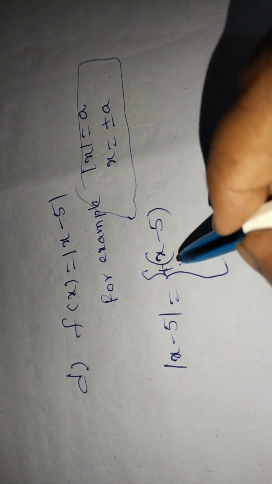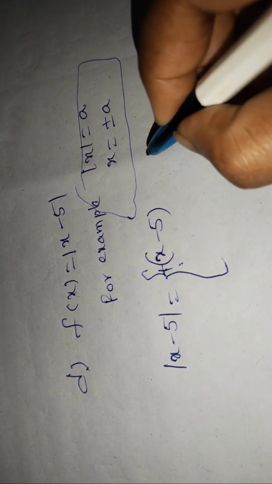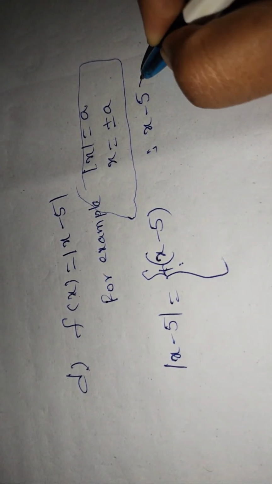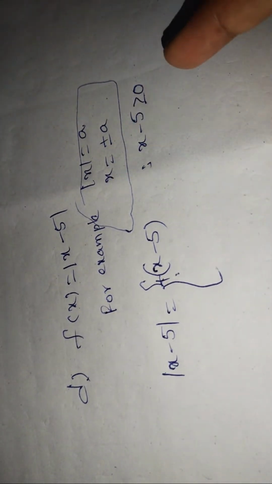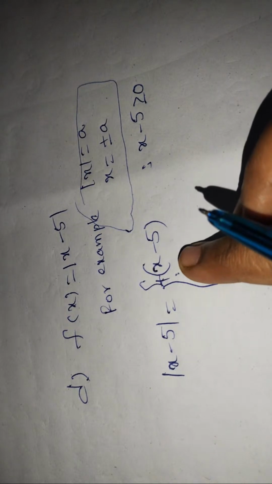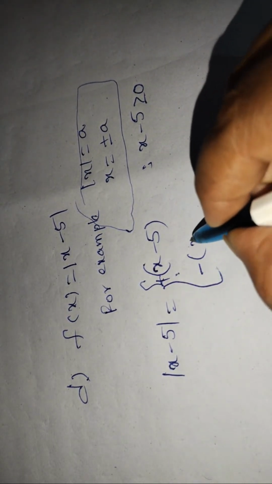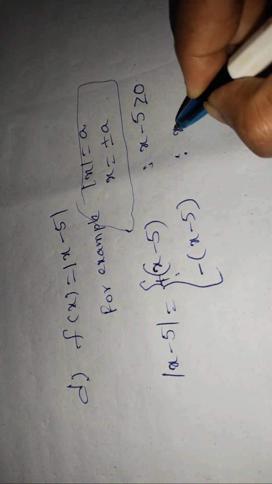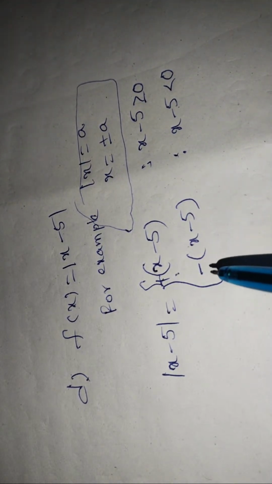First I will take plus x minus 5, when x minus 5 is greater than or equal to 0, at that time it is plus. Now next one, minus of x minus 5, when this function is less than 0, at that time we take minus.